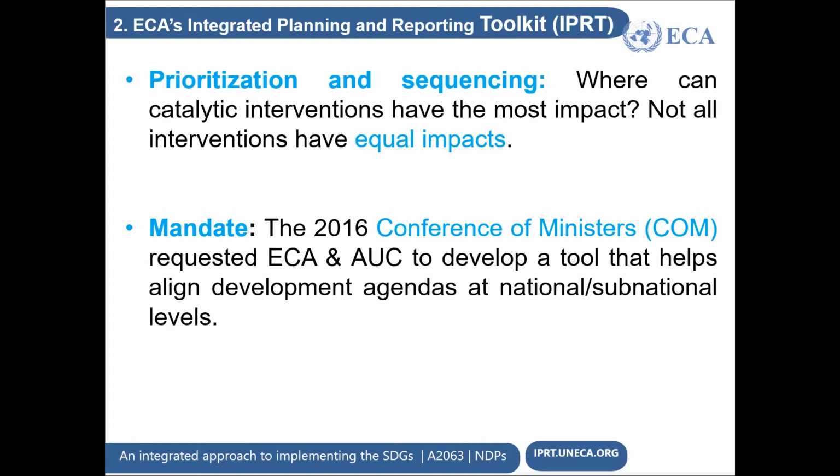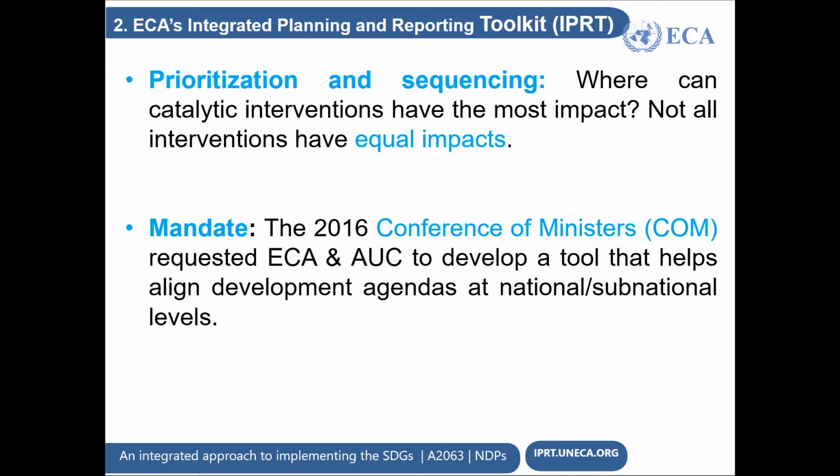Now, ECA has been mandated to develop an integrated planning and reporting toolkit by the 2016 Conference of Ministers. The Conference of Ministers requested ECA and the African Union Commission to develop a tool that helps align development agendas at national and subnational levels.